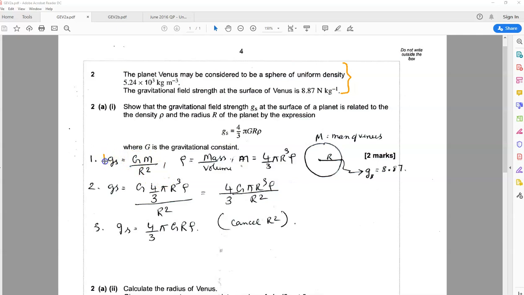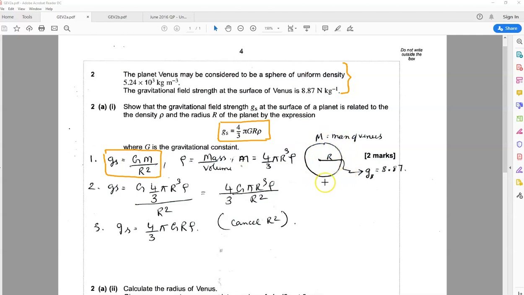Now this is the standard equation. So here we have to show that the value of g equals this bit.